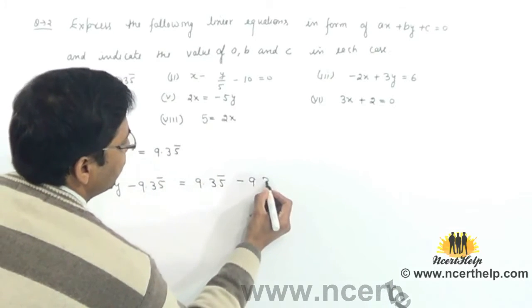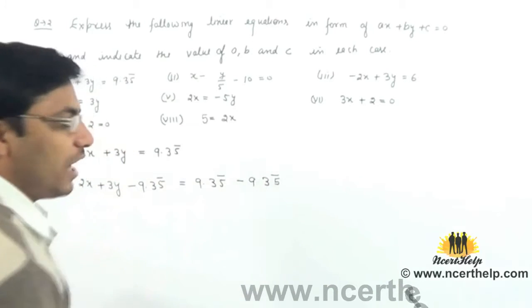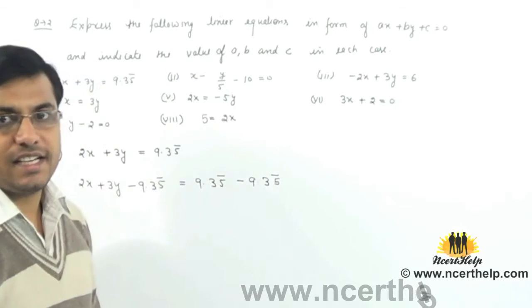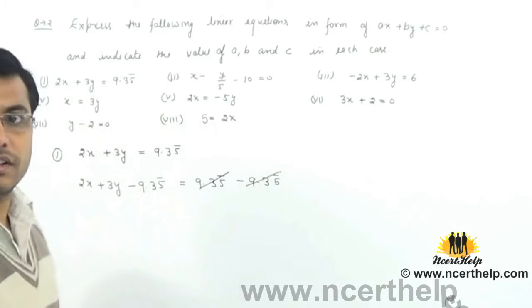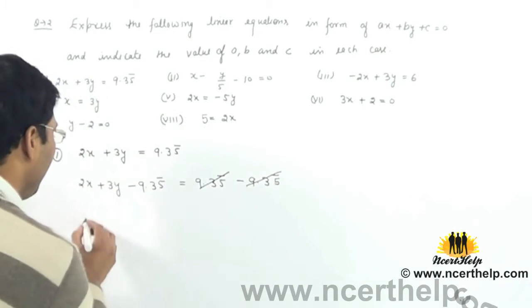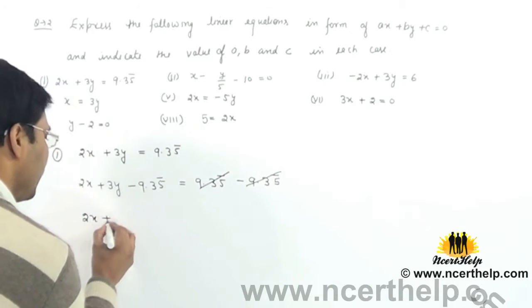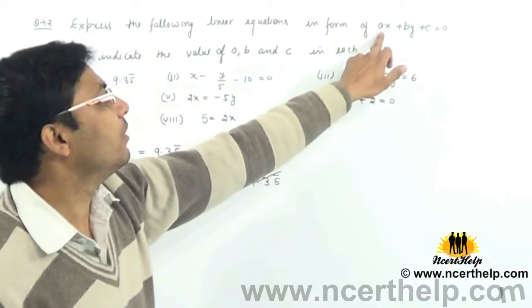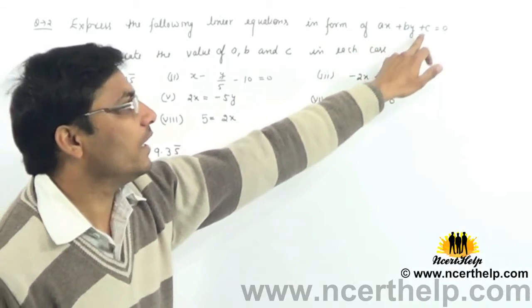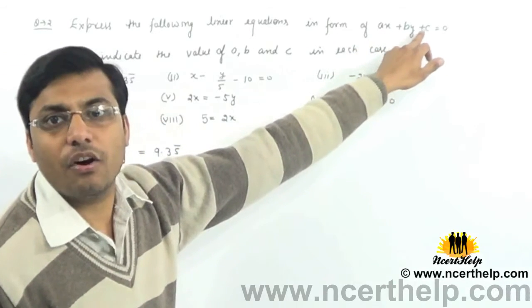If we add or subtract any number both sides, it doesn't make any change in equation. So values will cancel out and we will get 2x plus 3y, and as we need the form ax plus by, and there should be sign of plus.